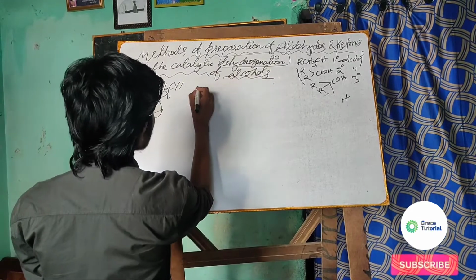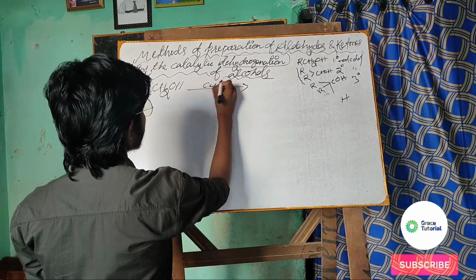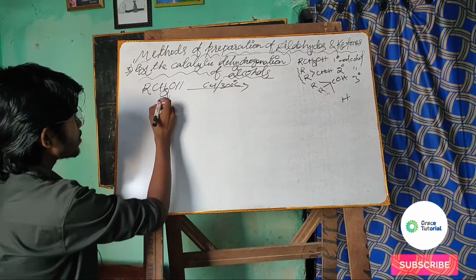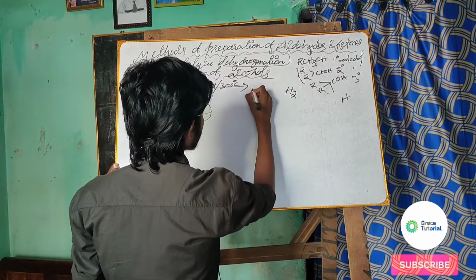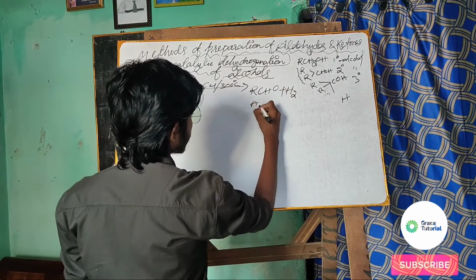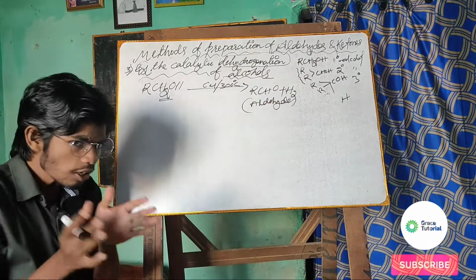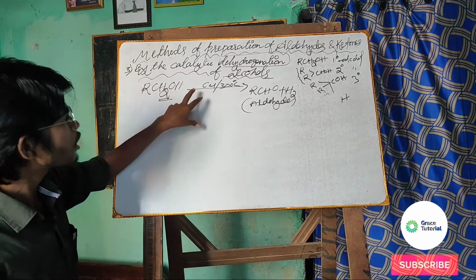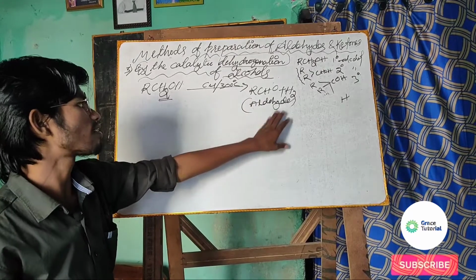When the primary alcohol is heated with copper at 300 degrees centigrade, the hydrogen molecule is removed. So what is obtained here? RCHO, aldehyde. This reaction is very simple to understand. When primary alcohol is heated with copper at 300 degrees centigrade, the aldehyde results with hydrogen.